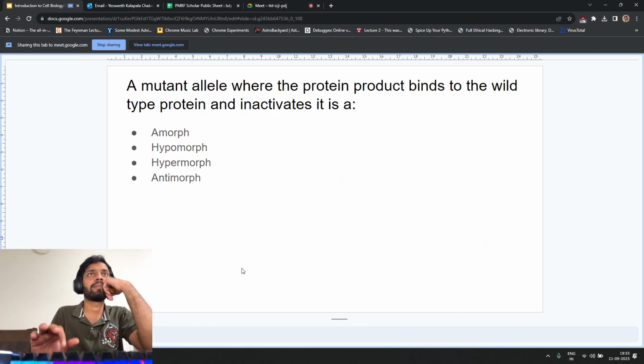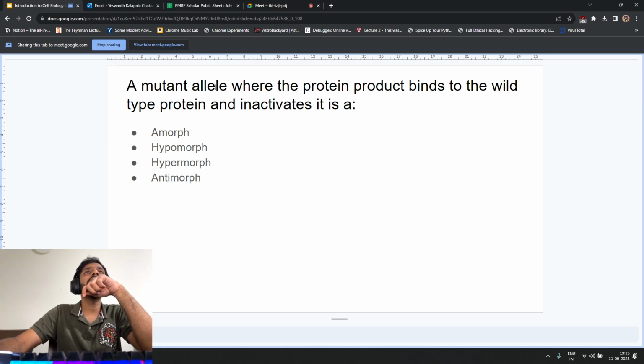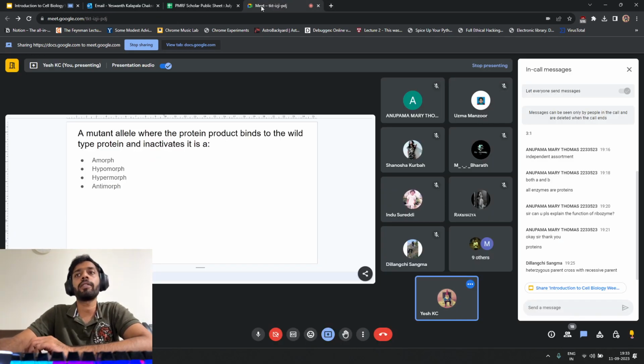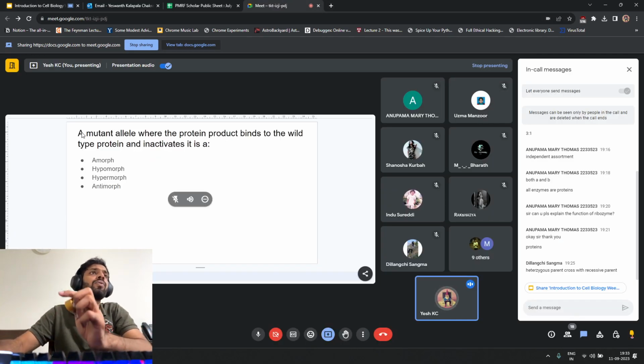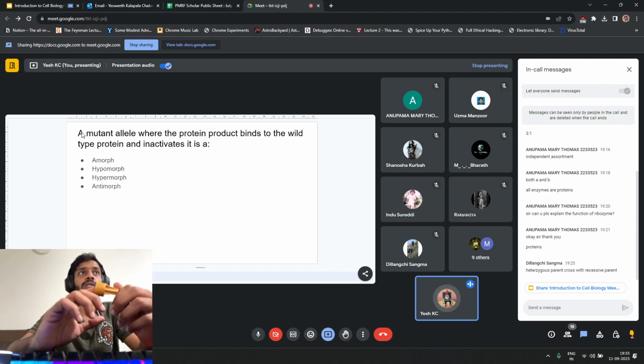Okay. Moving on. A mutant allele where the protein product binds to the wild type protein and inactivates it is a what? Is it an amorph, hypomorph, hypermorph, or antimorph? We've discussed this briefly with the previous question. In the previous case, there was overproduction of an active protein.